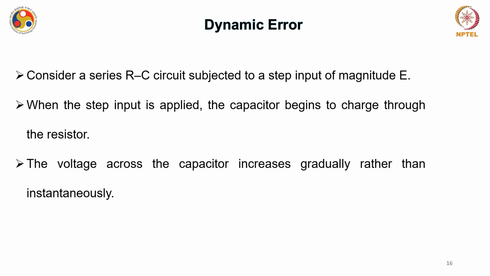Now, consider a series RC circuit which is subjected to a step input of certain magnitude, say E. When the step input is applied, the capacitor begins to charge through the resistor.